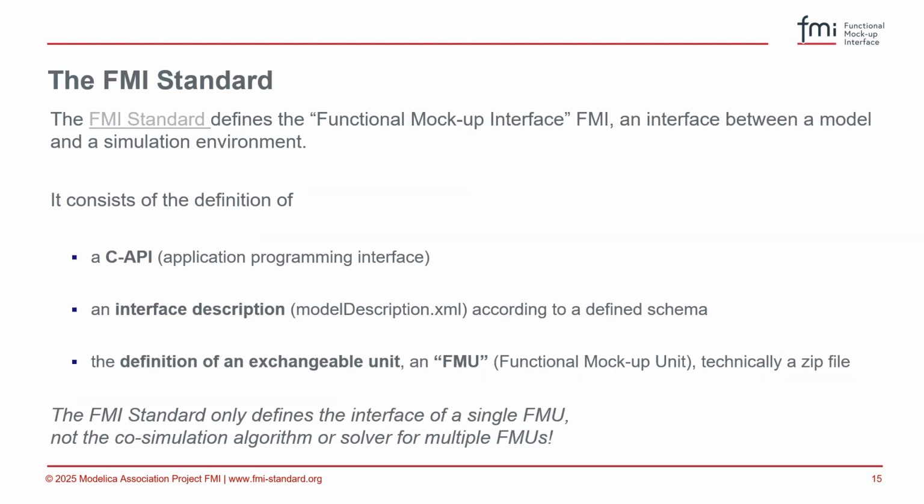Now we are ready to explain the functional mockup interface standard. It defines the interface between a model and a simulation environment. And it consists of the definition of a C API, that is an application programming interface, an interface description, model description XML, for the individual model according to a defined schema, and the definition of the exchangeable unit, the functional mockup unit, FMU, which technically is a zip file.